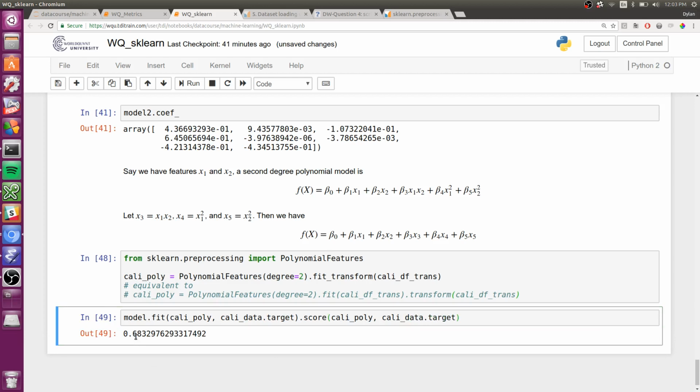And we have a slightly higher R² now. So this model does a little bit better at predicting the values of median home price for each region based on the features we have.